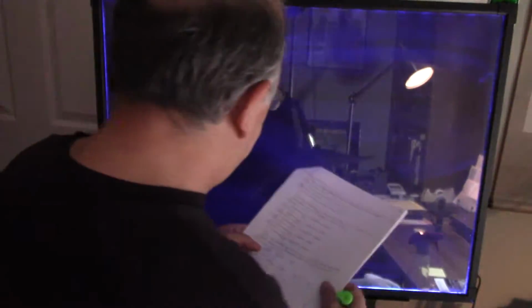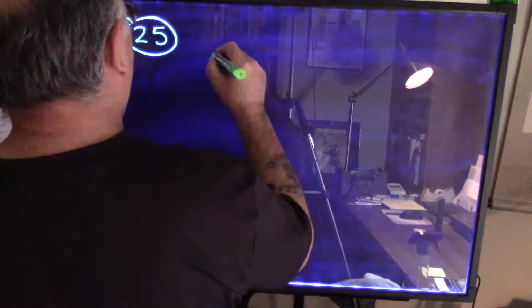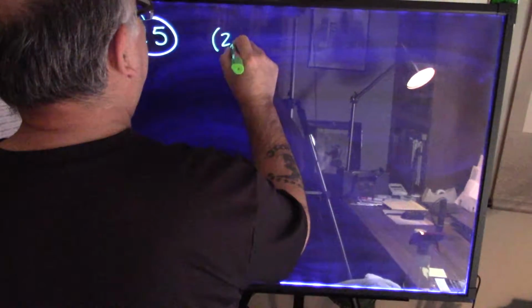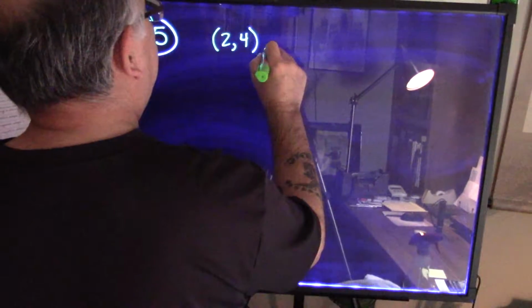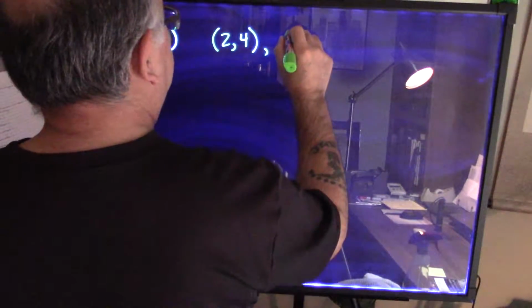Number 25. For the following exercises, find the slope of the line that passes through the two given points. So you've got 2 points, and you can use the formula for slope. Remember that, that's y2 minus y1 over x2 minus x1. Alright, so we've got the points 2, 4, and 4, 10.